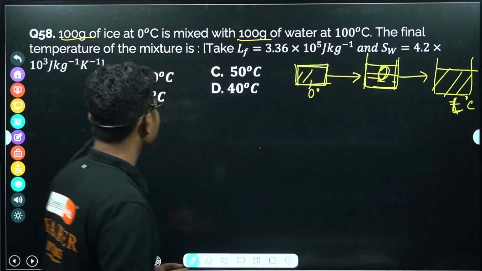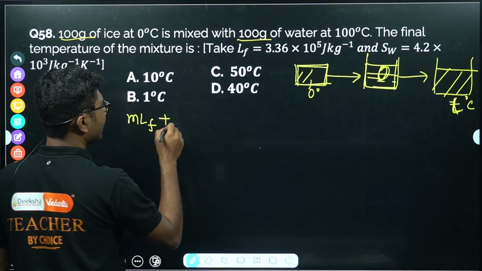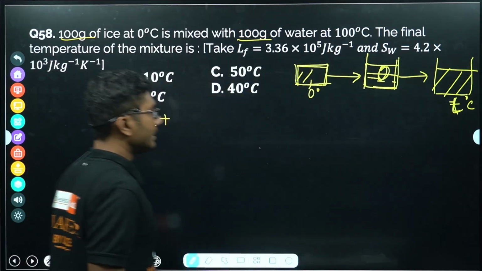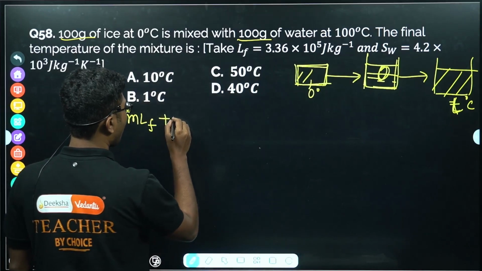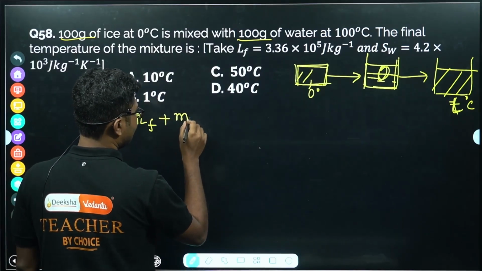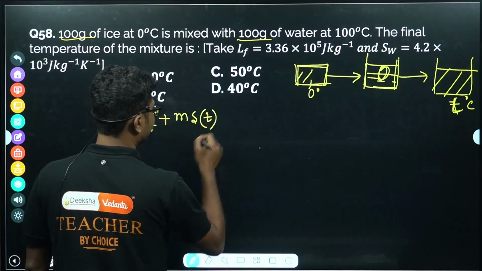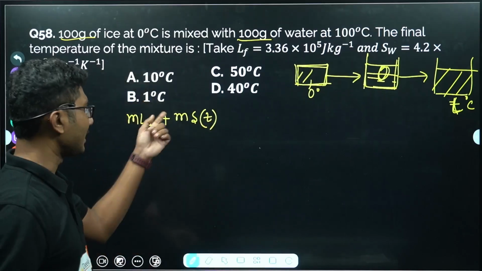Then the energy required to take this 0 degree Celsius water to T degree Celsius water is m s delta T, right? That is T minus 0, which is delta T.